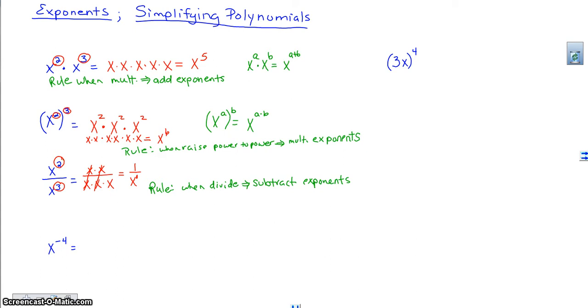Okay, let's look at the next one. x raised to the negative 4th power. What this means is a negative exponent is actually meaning that it's a fraction. So we're going to flip it to the bottom to change it over. And we can talk more about this in class with some numbers.